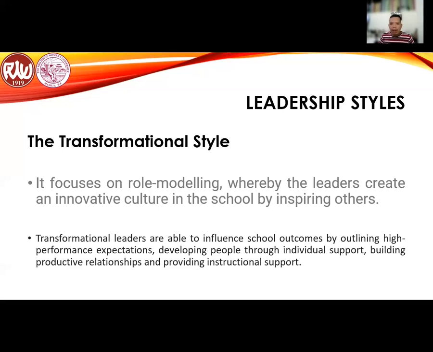According to researcher Bernard Bass, the 4 attributes of transformational leadership are defined as idealized influence, inspirational motivation, intellectual stimulation, and individualized consideration. Transformational leaders instill trust, admiration, loyalty, and respect, which inspire teachers' motivation, morale, and performance.